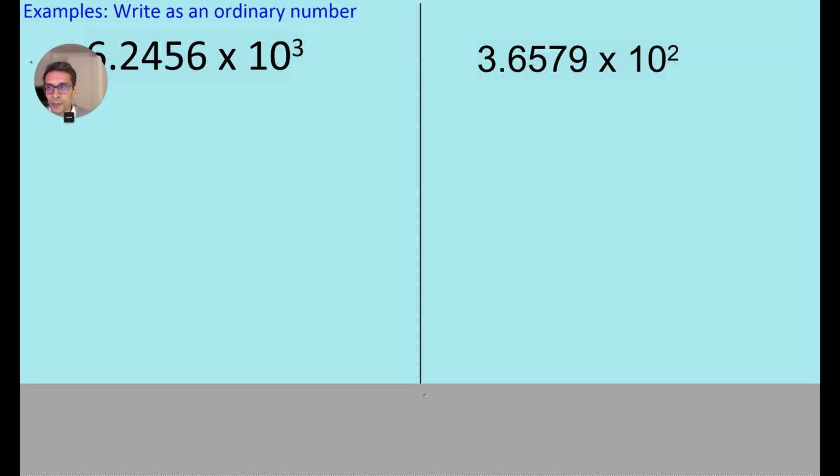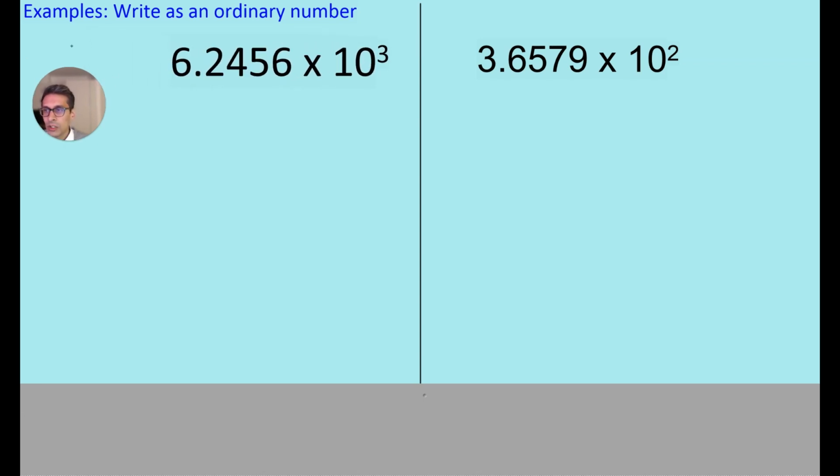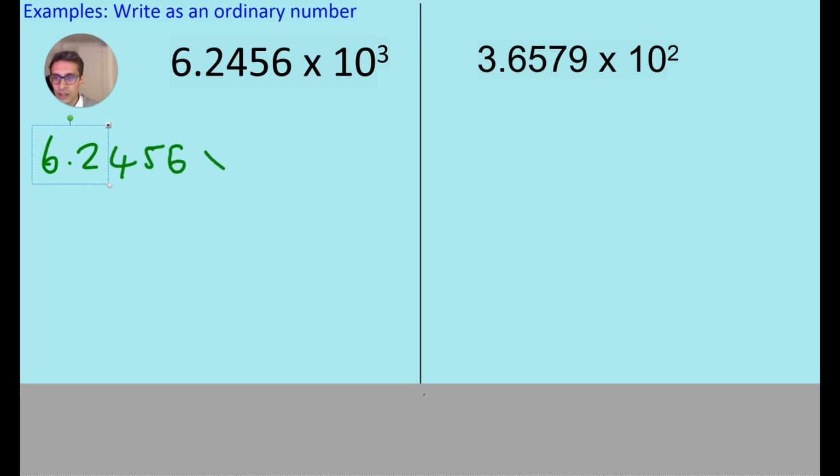Okay, so let's do a couple more examples before you practice. So pause the video and have a go. I'm going to show you what the answer is here. Okay, so hopefully you've had a go here. Now first thing we want to do is write this first number out. 6.2456 times 10 times 10 times 10.